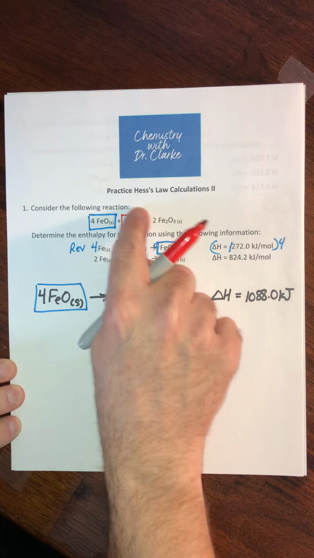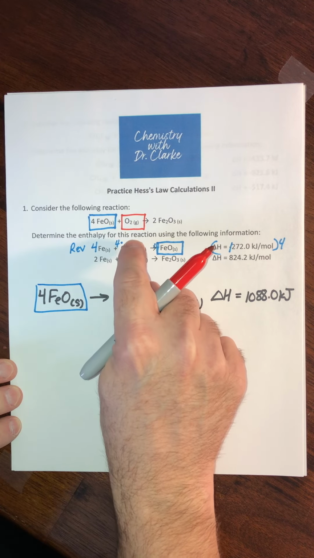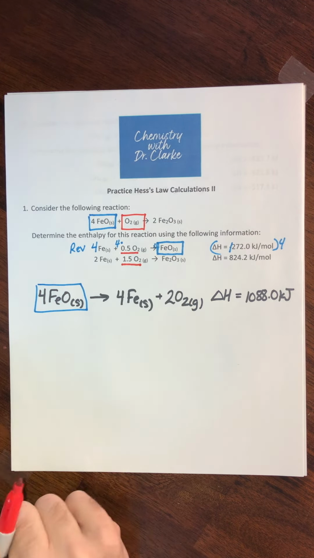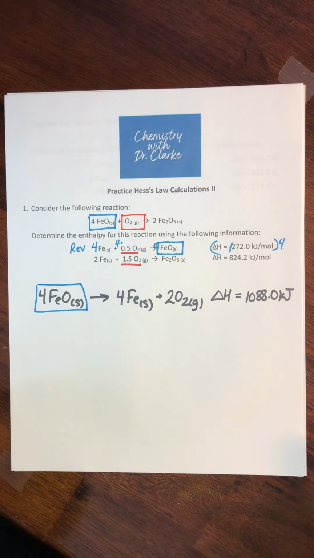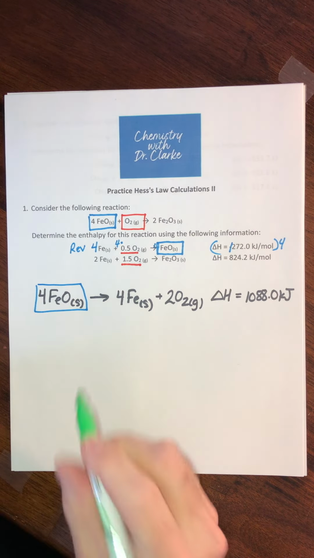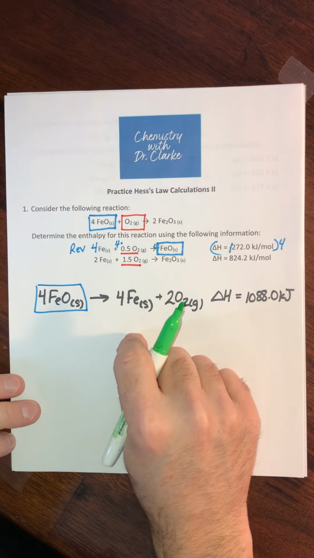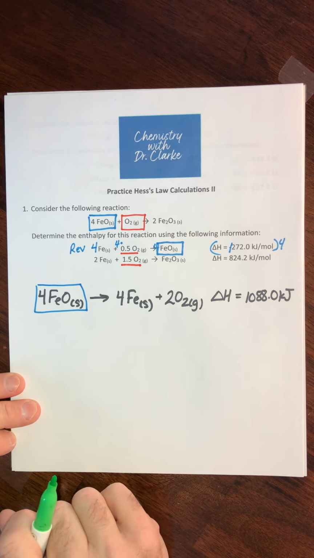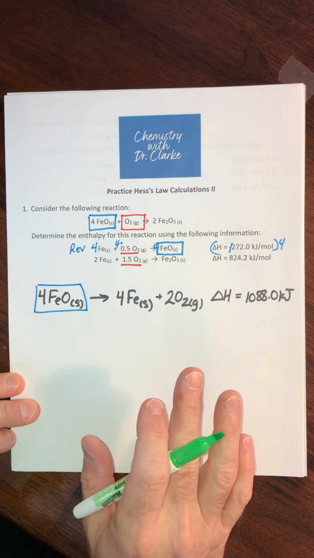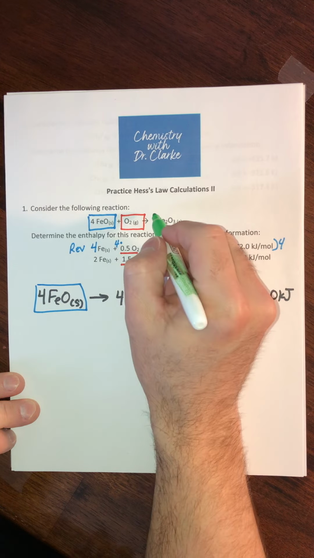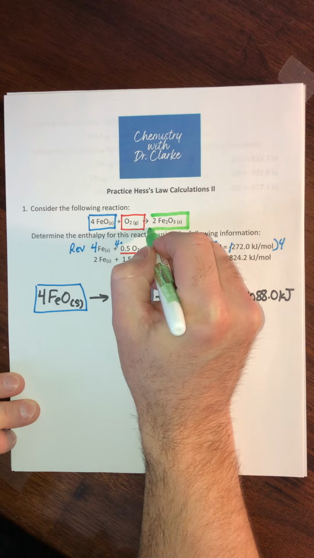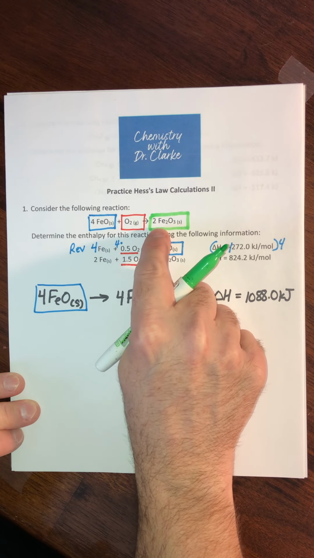Even though I know that I need some oxygen, because it shows up in more than one of my given equations, I'm just going to ignore it for now and move to the next chemical. I'm going to hope that when I add my equations together, the oxygen will just work itself out.